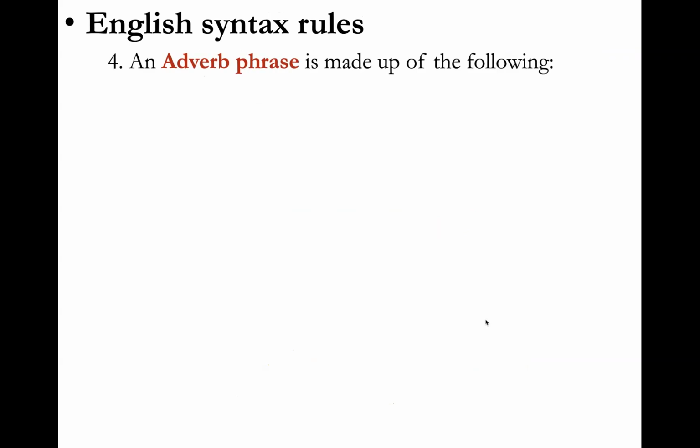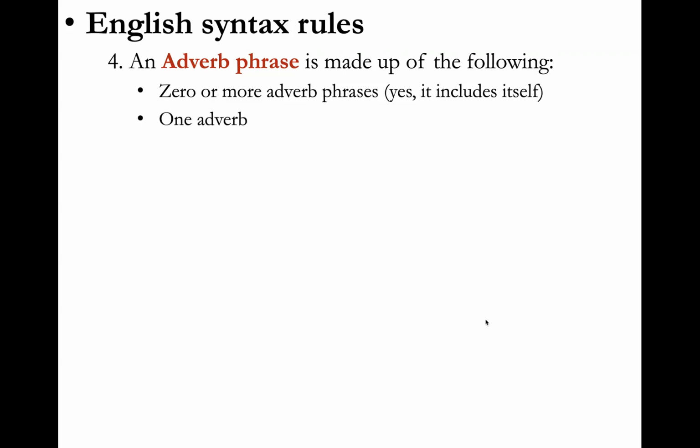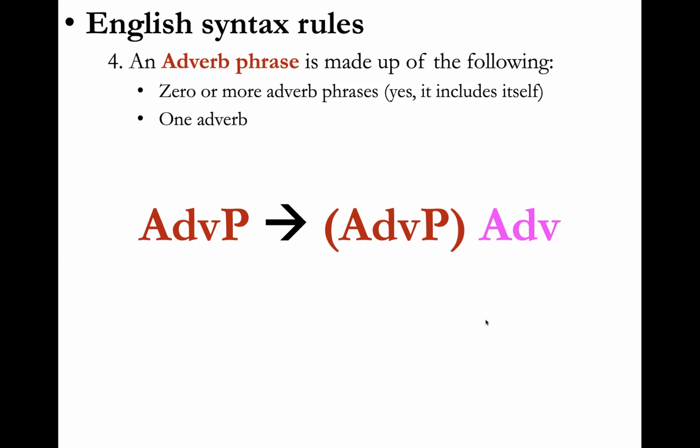Adverb phrase is made up of 0 or more adverb phrases. So it includes itself. It's recursive, as the computer scientists out there might think about it. There is at least one adverb. So this might be kind of brain bending, but bear with me here.